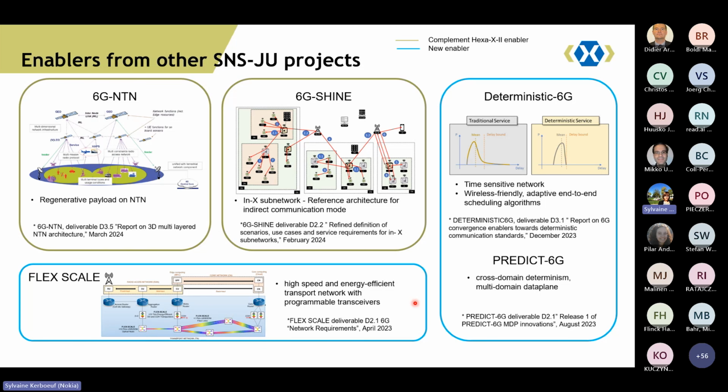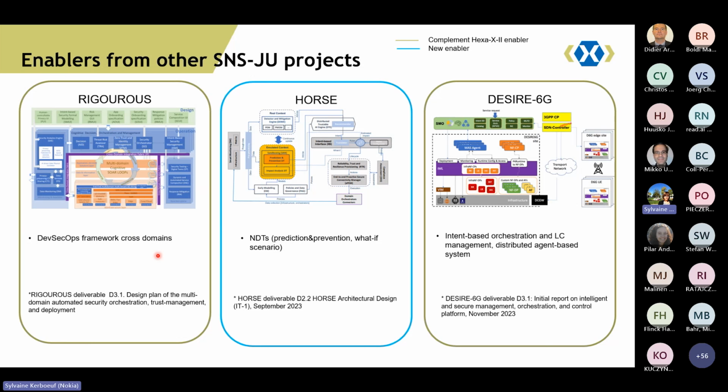Then the next projects we looked at were RIGOROUS and OAuth, mainly from the security, privacy and resilience aspect, where we thought that this DevSecOps framework from RIGOROUS would be a nice fit for our security, privacy, and resilience controls that we are developing in Hexa-X-II.